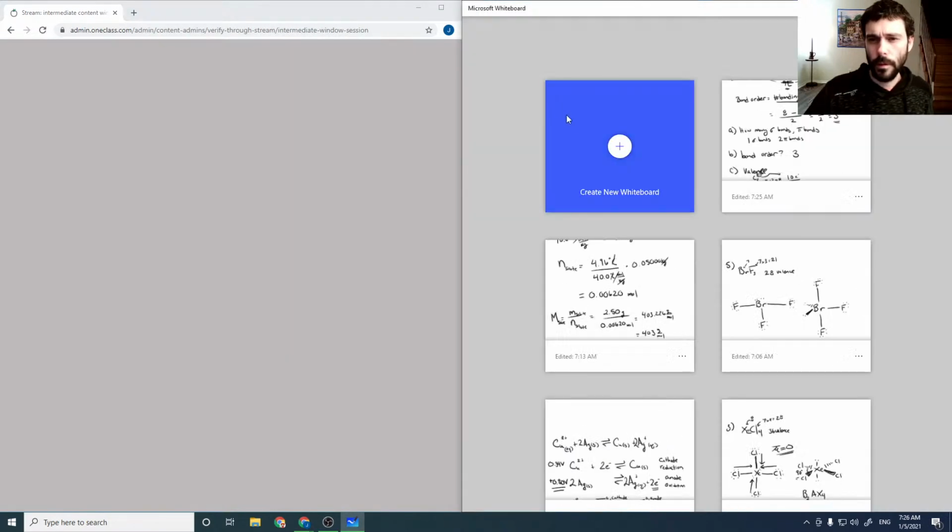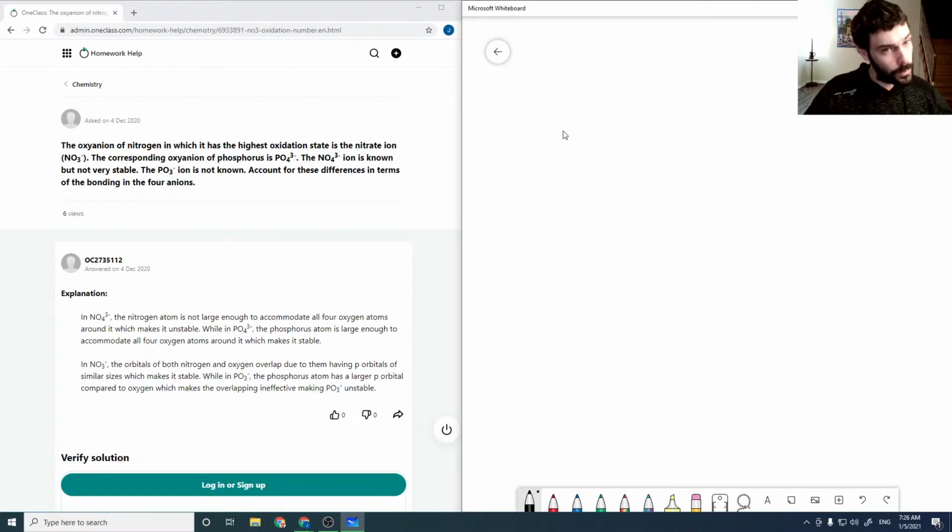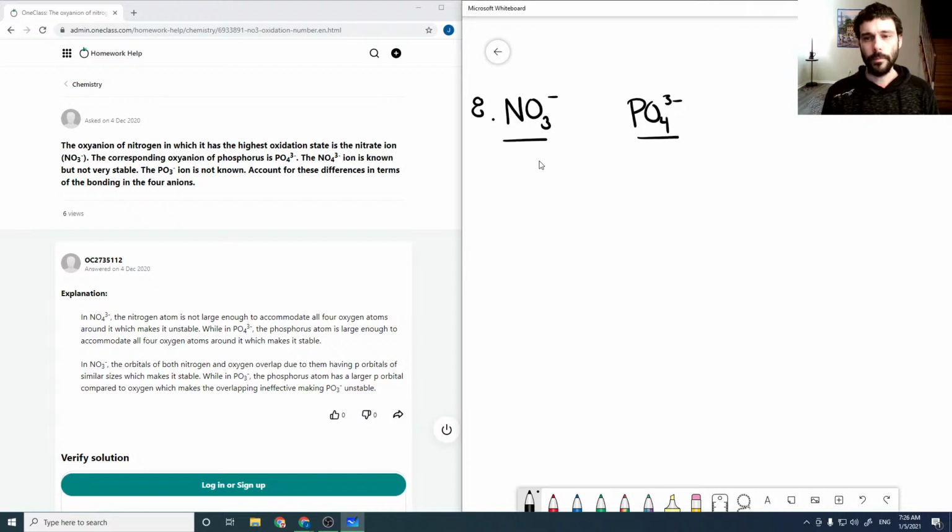All right. And now, next one. All right, so the oxyanion of nitrogen which has the highest oxidation state is the nitrate ion, so NO3 minus. And the corresponding oxyanion of phosphorus is PO4 3-. So PO4 3- is stable, and NO3 minus is stable.